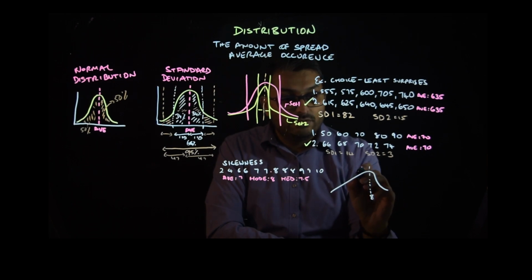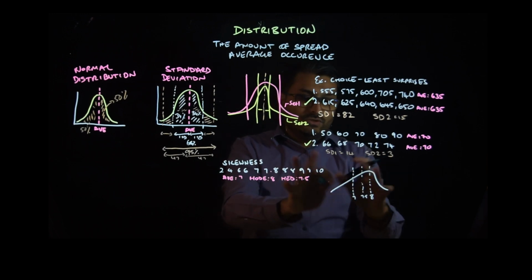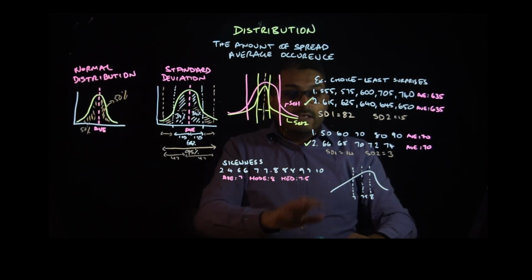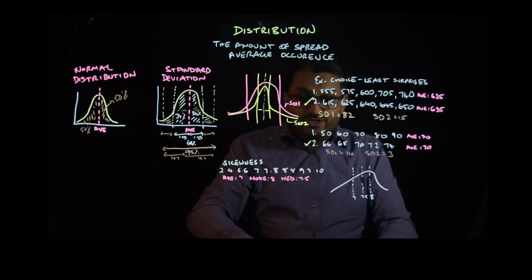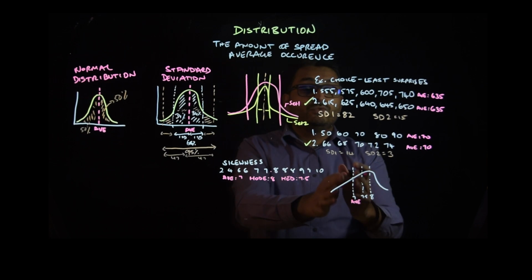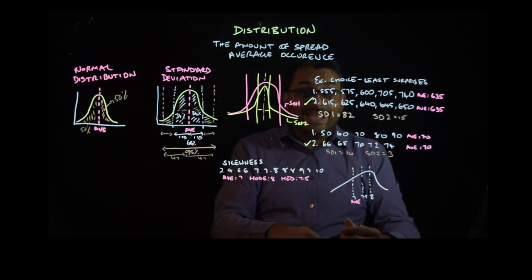You've got the middle number of 7.5, the median, and you've got your average down here, let's say, which is 7. Now this is not to scale, which doesn't help me a lot, but this is the average that we have always used. So the standard deviation will be from that average.